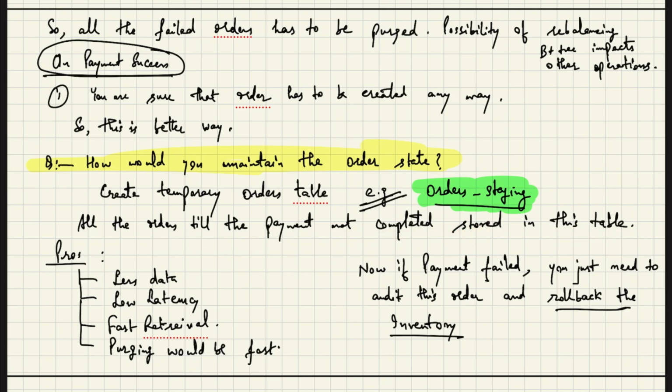So what are the pros of this? Less data, low latency, and all the failed orders can be retrieved easily, with fast retrieval for these orders. The purging would be fast, right? For example, you can create a partition on order date, and you can have a cron script that runs typically at, for example, 12 o'clock, which would purge the complete partition.